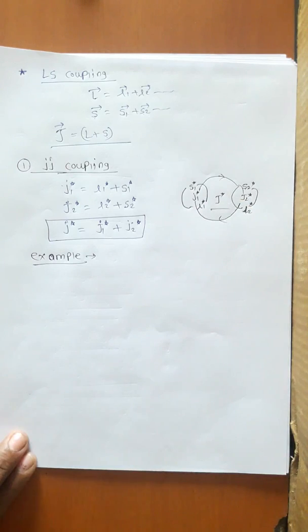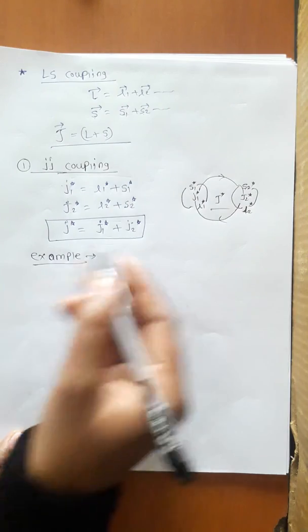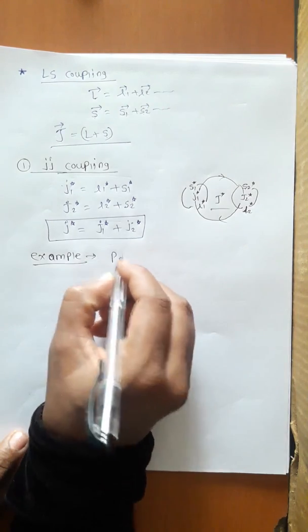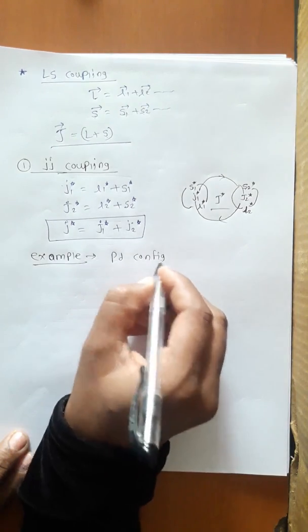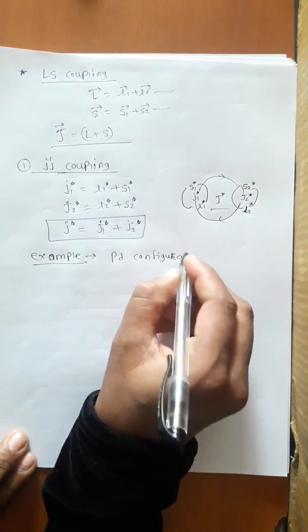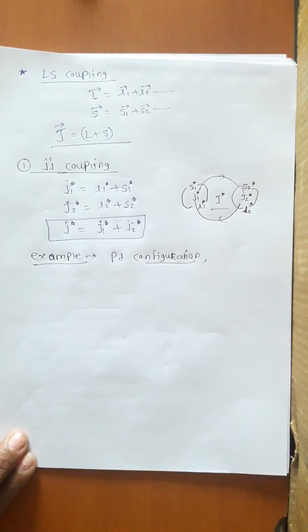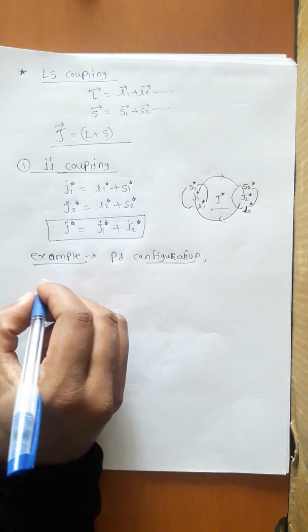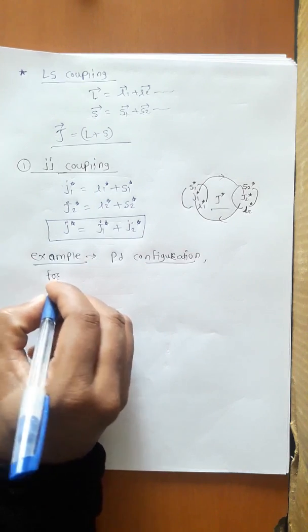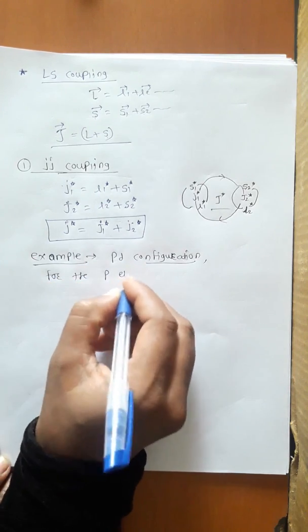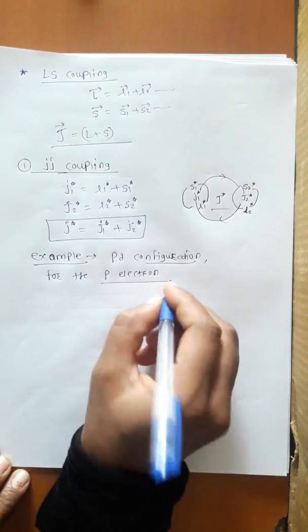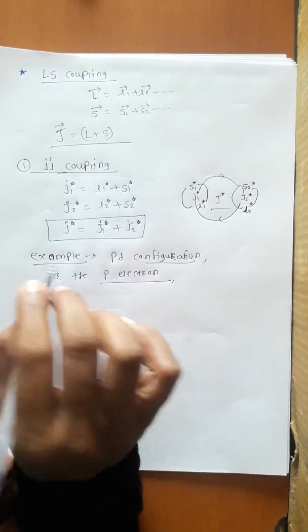For example, I take a pd configuration. For a p electron, we calculate the spectral terms using the JJ coupling.